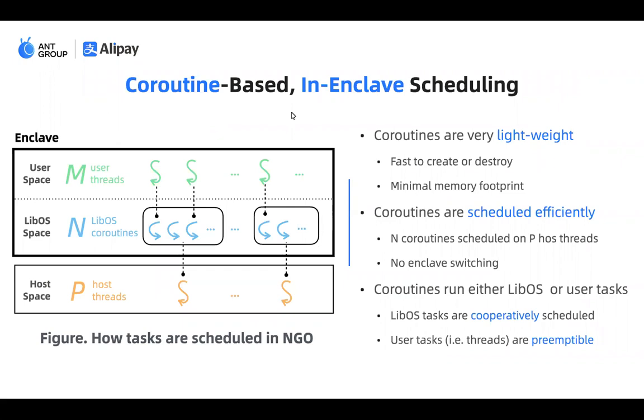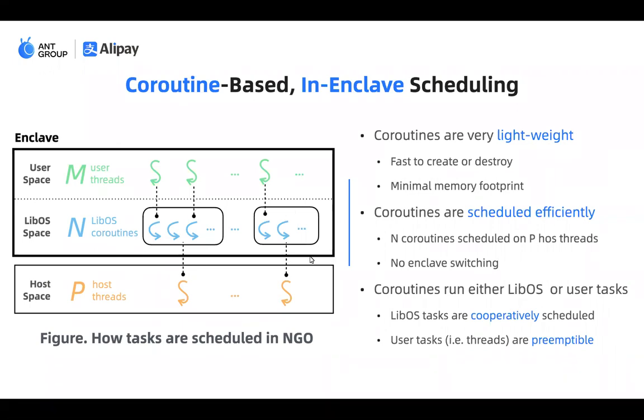As you can see, at the library space, the units for scheduling are coroutines. And coroutines are very lightweight. They are very fast to create and destroy and have a minimal memory footprint. And we do the coroutine scheduling completely inside the enclave.